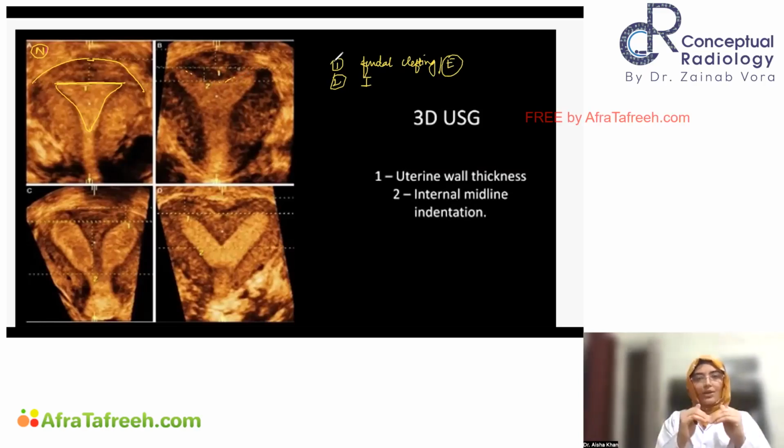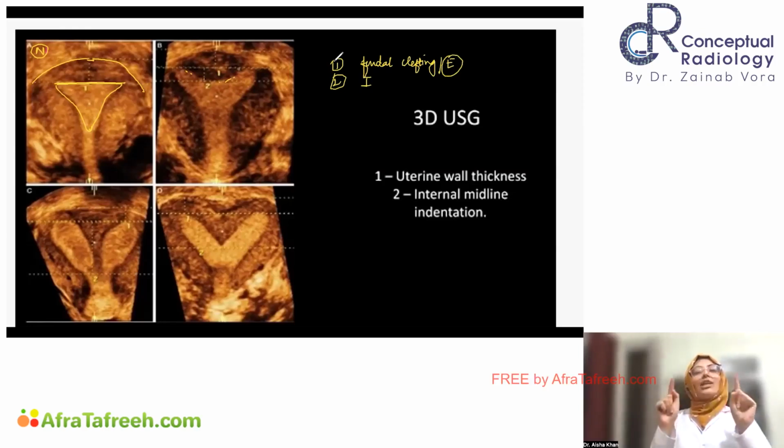Internal means the endometrium or the mucosa or the cavity. External means the fundus or the serosal surface or the fundal contour or the dome of the uterus. Everything is the same. Internal means cavity, endometrium, mucosal surface, that is everything internal indentation. External means fundus, fundal contour, external clefting, external indentation, bulging, everything is to do with the serosal surface or the external aspect of the uterus.